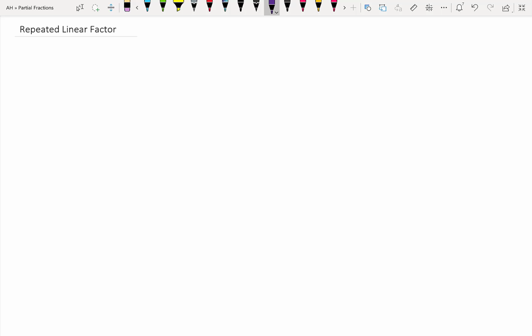Okay, so next part in our partial fractions, we're looking at repeated linear factor. So, first of all, what is that?